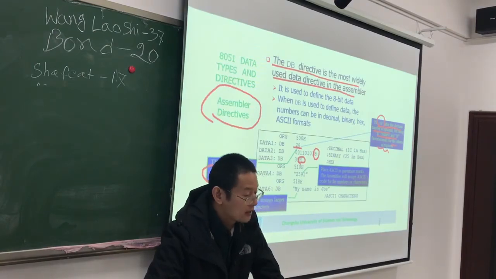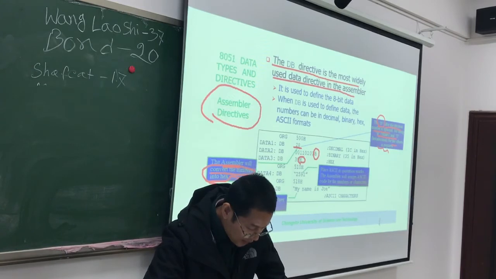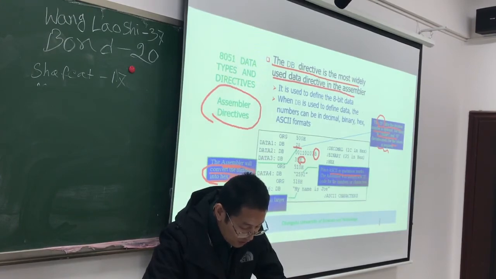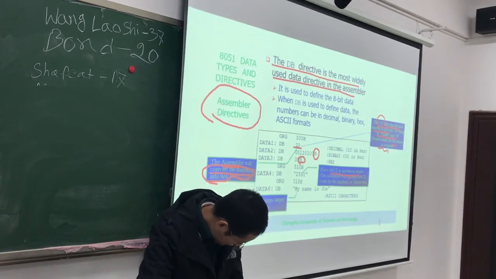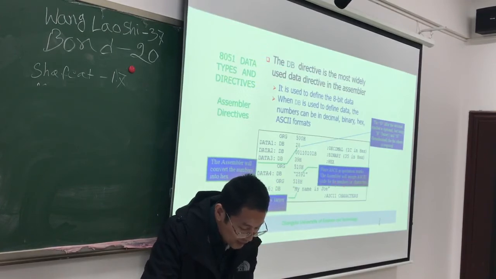Put in quotation marks, the assembler will assign the ASCII code for the number or character.